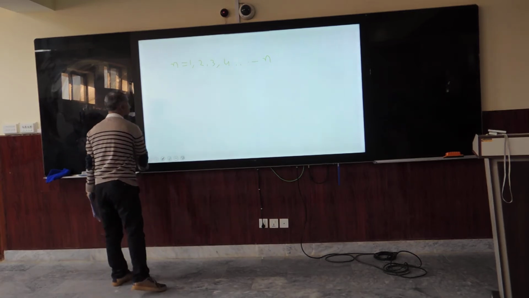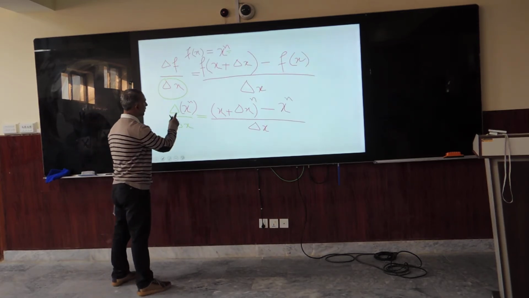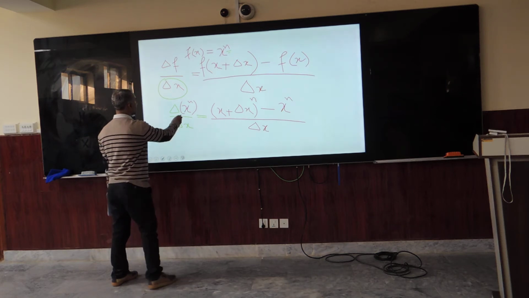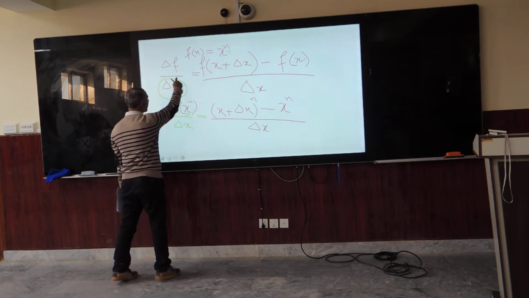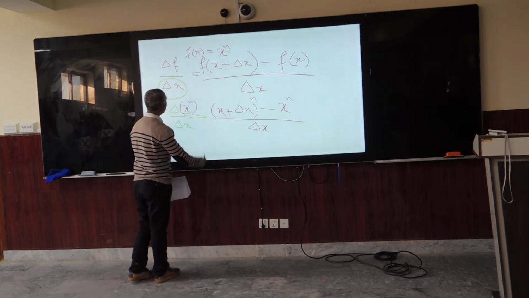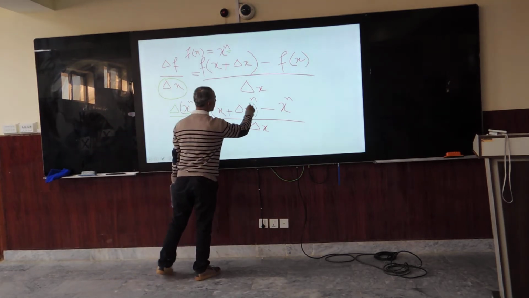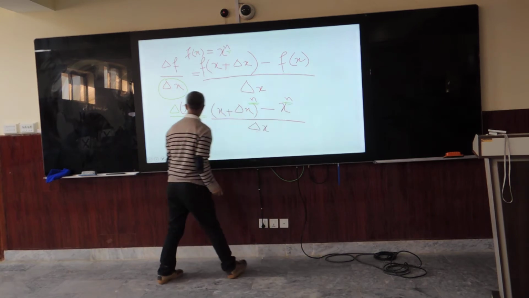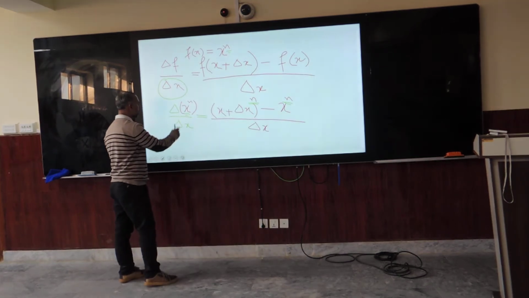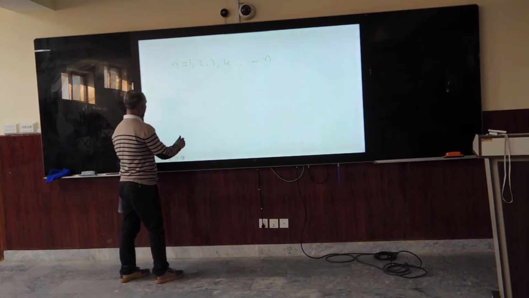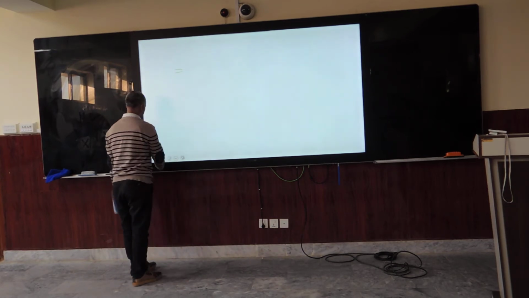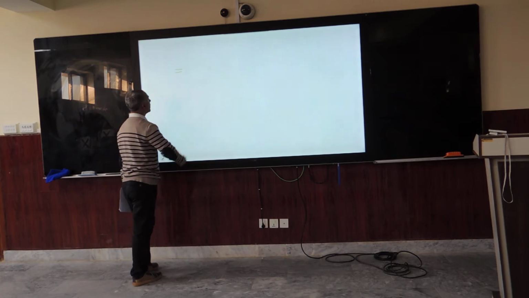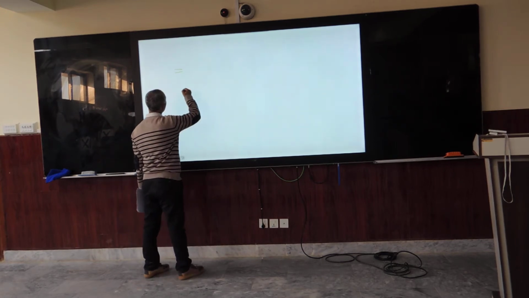But here we need to determine the derivative of this function. So we substituted the value of f of x, and all is in this formulation. Considering this formula, on the next page we can write it here.